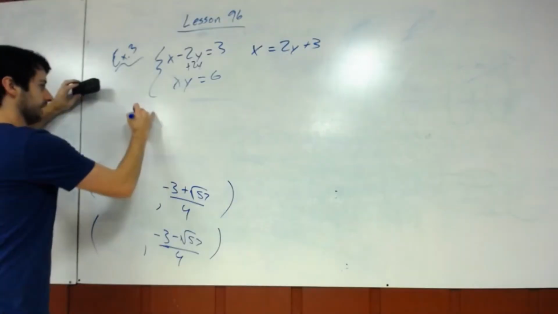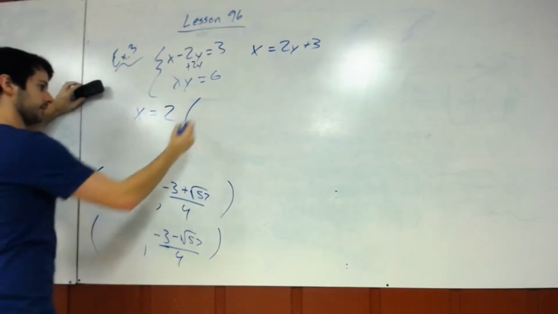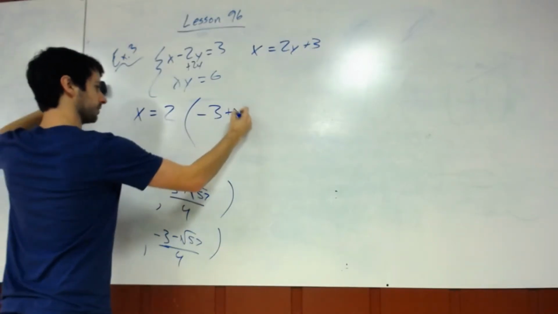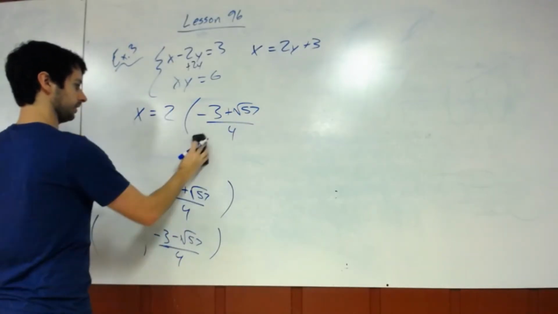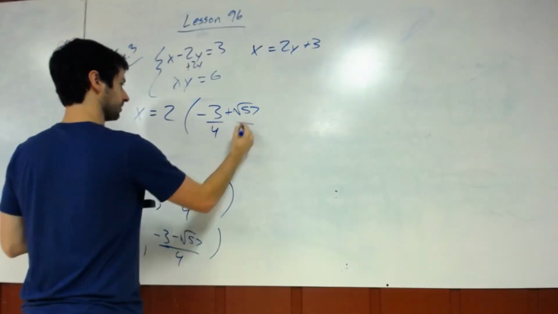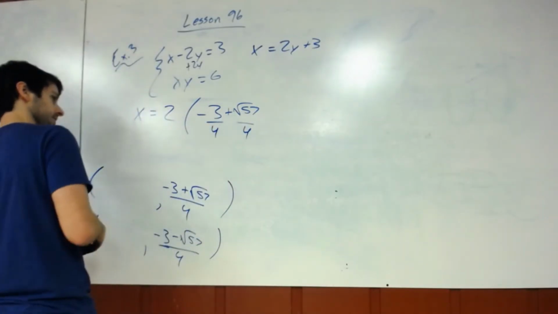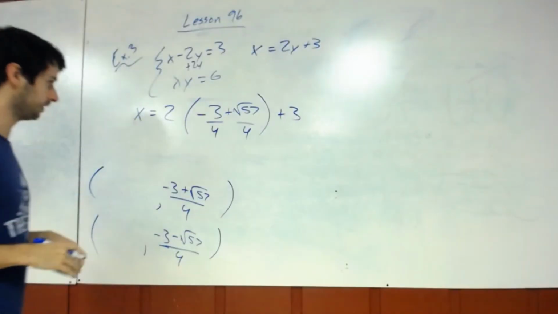So that looks like x equals 2 times negative 3 plus radical 57 over 4. And if I want to, I can write it like this to make sure I can understand those as separate. And then plus 3.